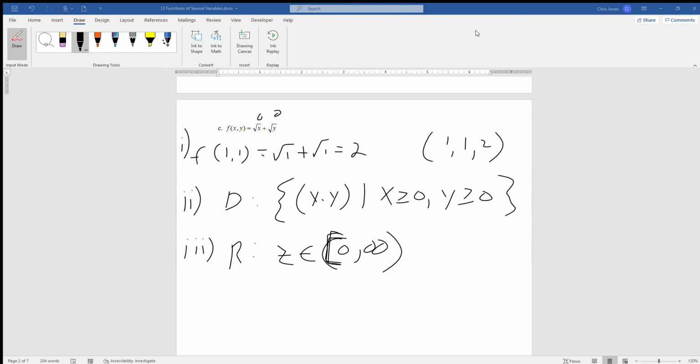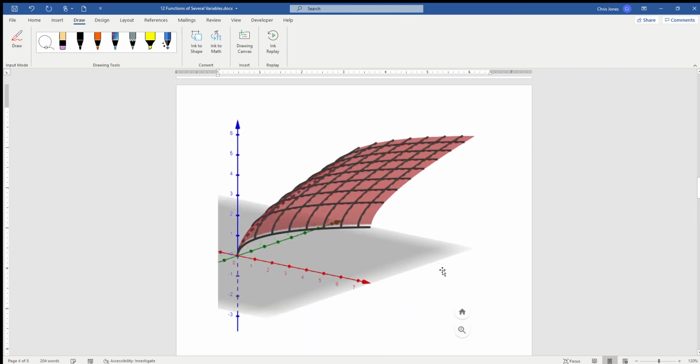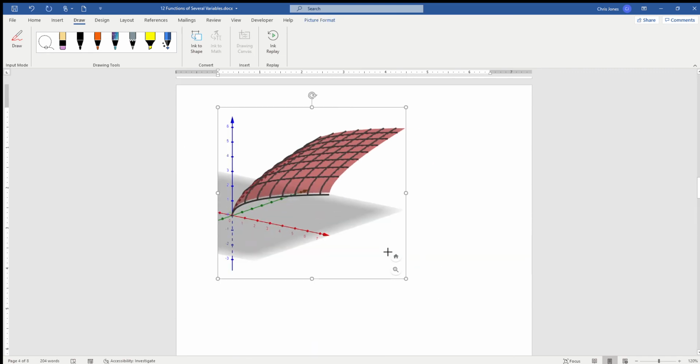I'm going to print the screen, and cut and paste it. Almost there. And then finally, we can paste it into the Word doc. And this is the graph that we get out of it.